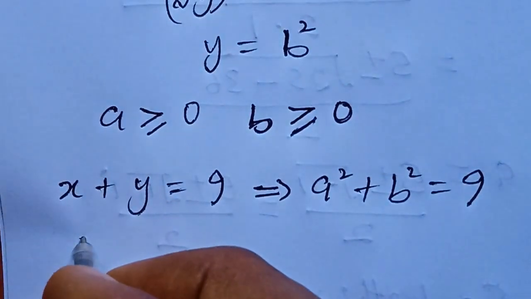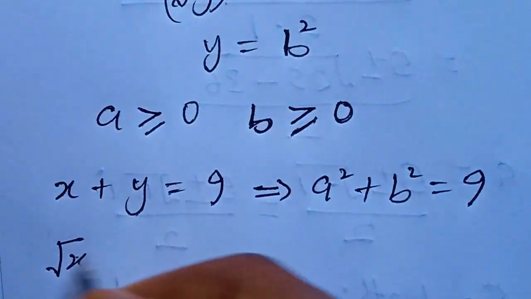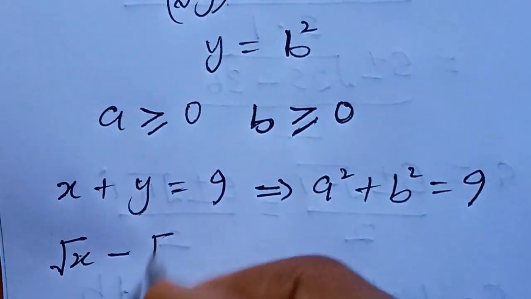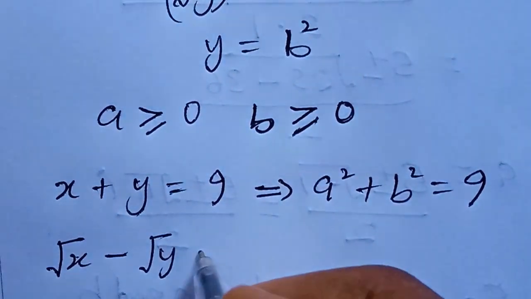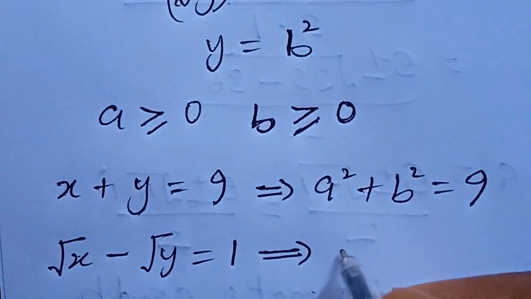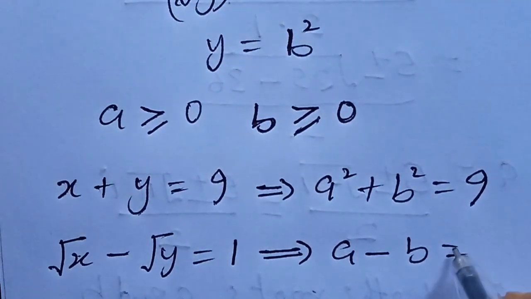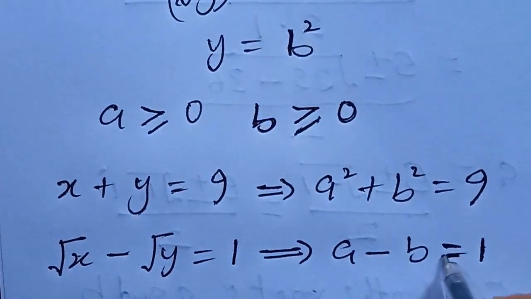For equation 2, where we have square root of x minus square root of y equal to 1, this is also transformed to a minus b equal to 1.